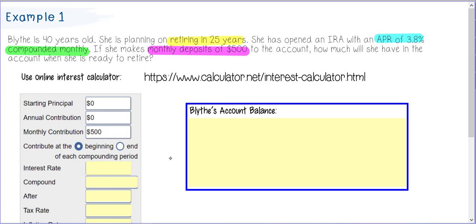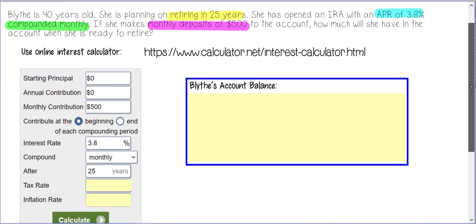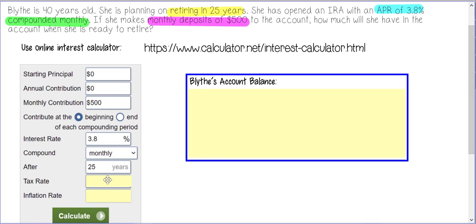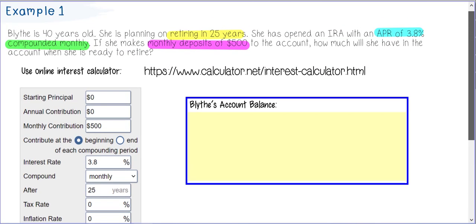Our interest rate is 3.8%, and on the online calculators, you don't have to convert it. It recognizes it as a percent. We are compounding monthly, and after 25 years, that's our time. Our tax rate, we're just going to put 0% for tax rate and inflation rate, and we're going to hit calculate.